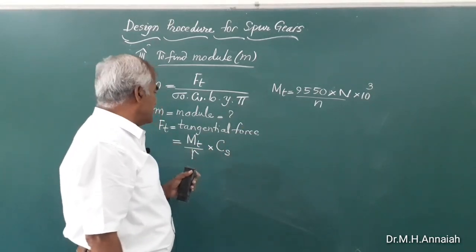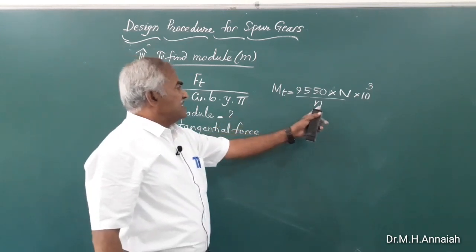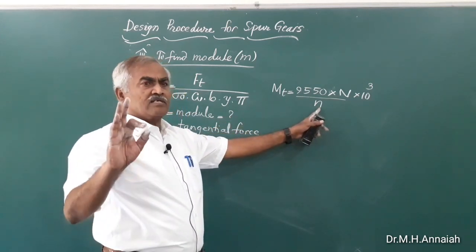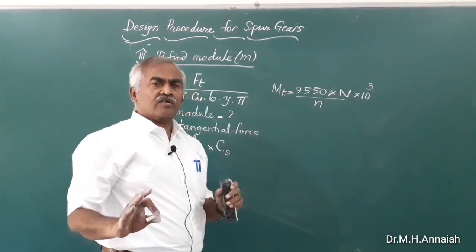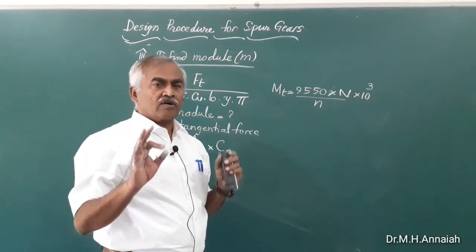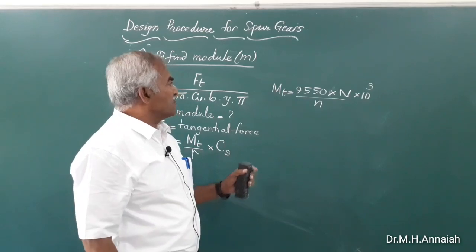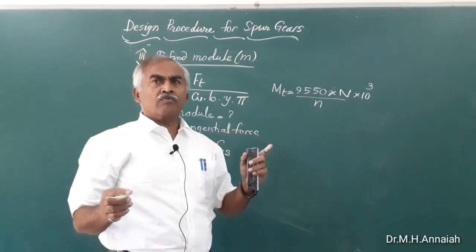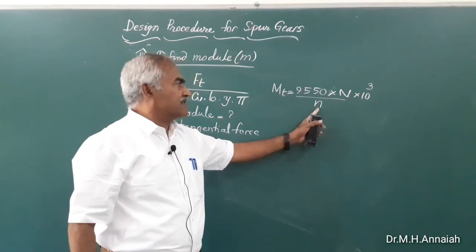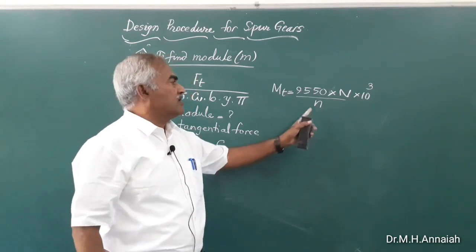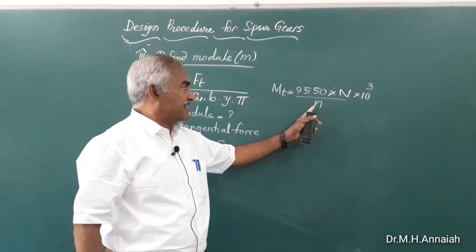So, here friends, small n stands for the speed in RPM and capital N stands for the power that is being transmitted by the gear pair. In a problem, if pinion is the weaker member, we should take the speed of the pinion. If gear is the weaker member, we should take the speed of the gear.